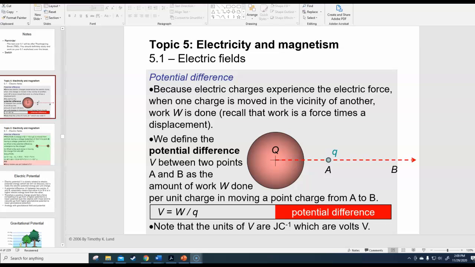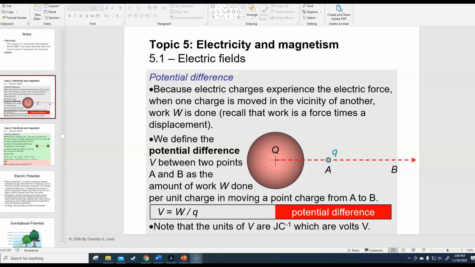So if you have an electric charge in an electric field, which has been created by some other charge, that electric charge will experience a force. Okay, and so that means that if you have a charged particle and you move it while it's acted upon by the electrical force, that means that work has to be done.